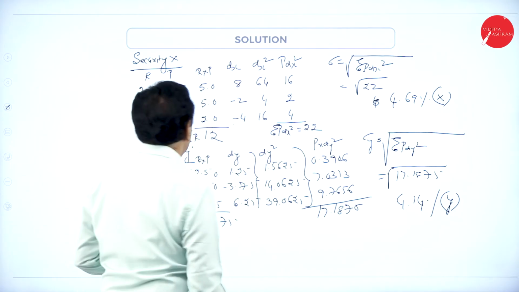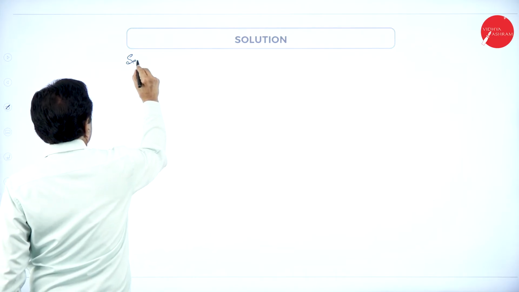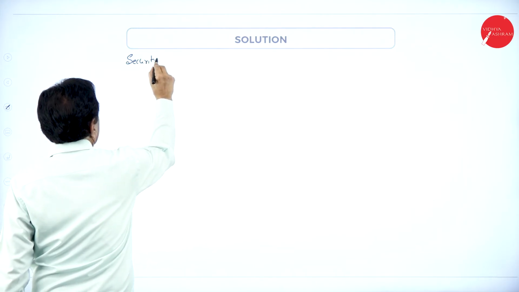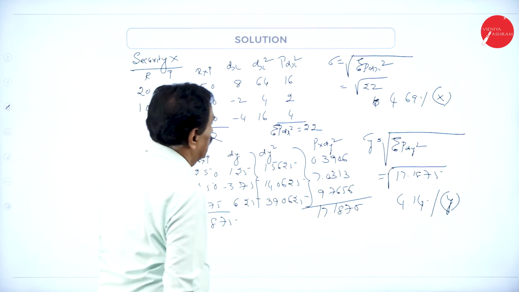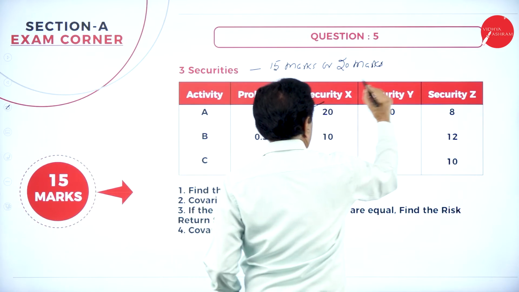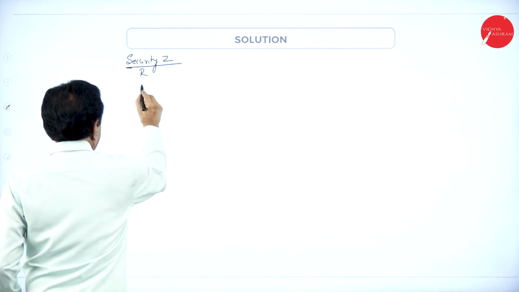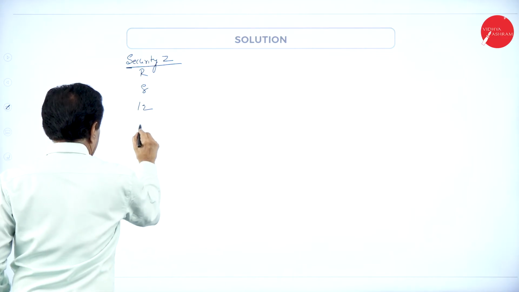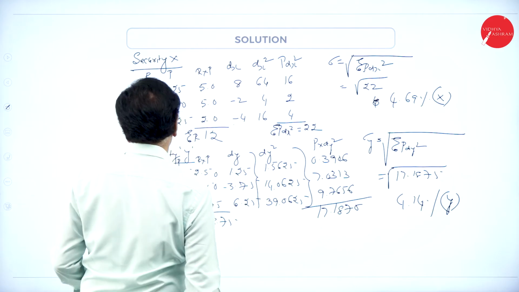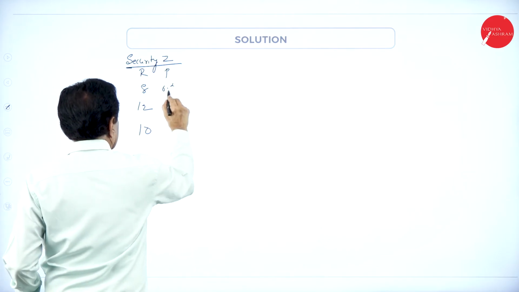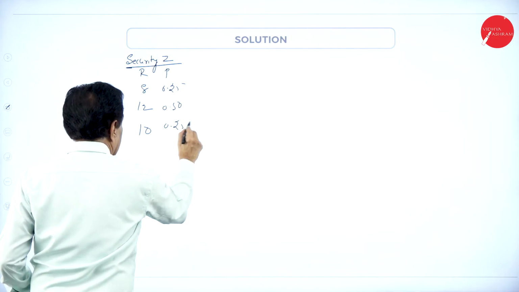Now regarding the security z, returns: 8, 12, 10. Your probability 0.25, 0.50, 0.25.